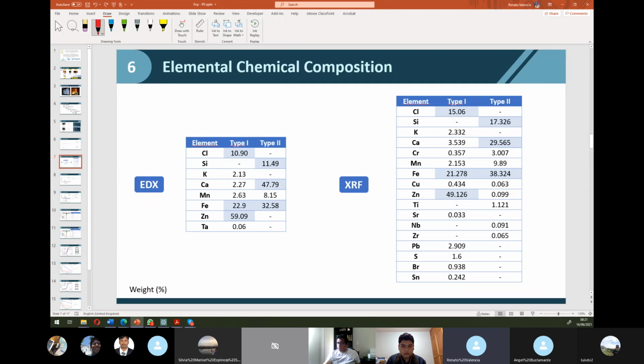But the difference in the amount of elements is due to the inhomogeneity of the sample and the penetration length of each technique on the sample. Also, the analysis area of X-ray fluorescence is larger than EDX.